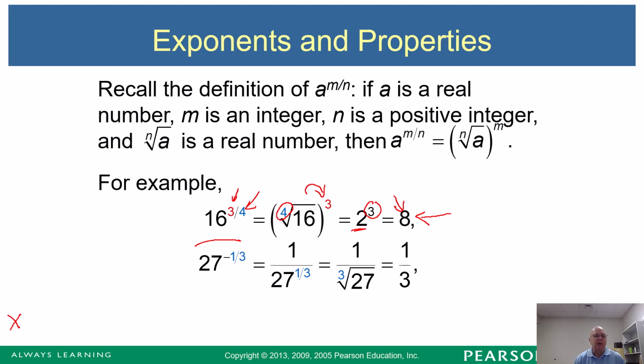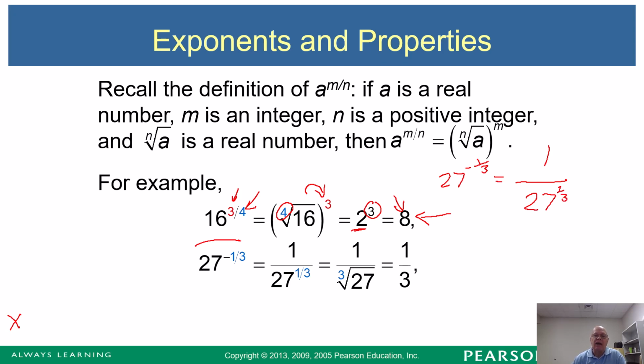Another example, 27 to the minus 1/3 power. I'm going to sneak up here, because I think there's another one coming. So 27 to the minus 1/3 power. First of all, there's a minus there, so we're going to take care of that even before anything else. Minus means you've got 1 over 27 to the 1/3 power. All right?